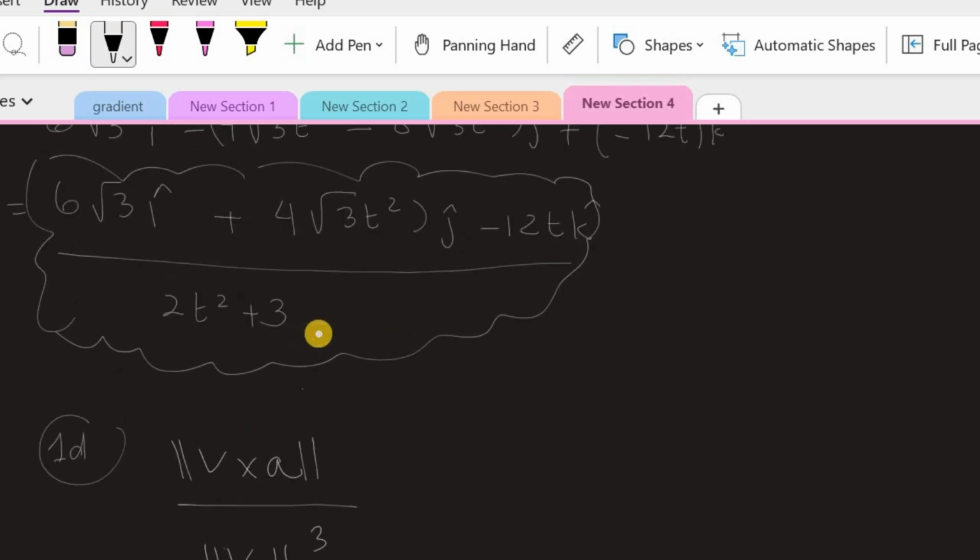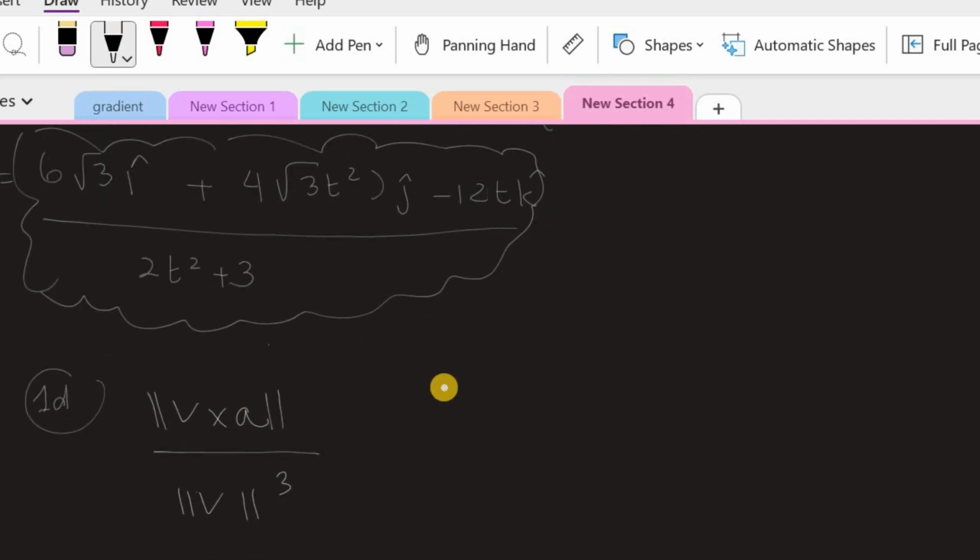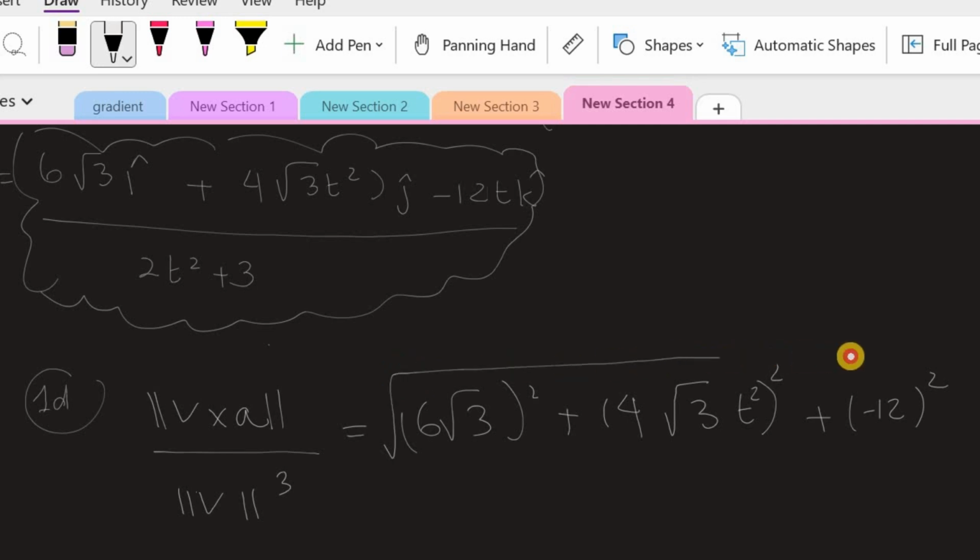So we already have V times A that we found over here. So let's find the magnitude of this. So to find the magnitude of this, we're simply squaring each component, and then square rooting the whole thing. Okay, and square of a negative is always a positive.